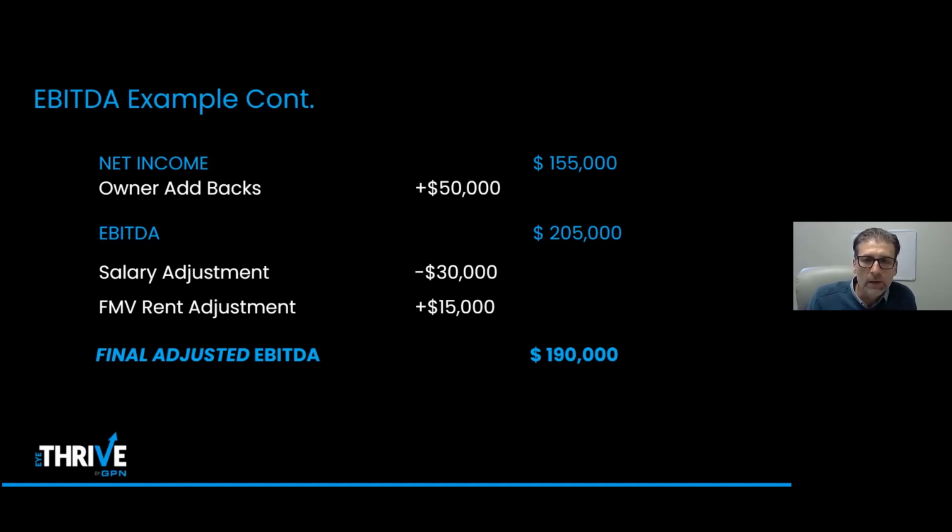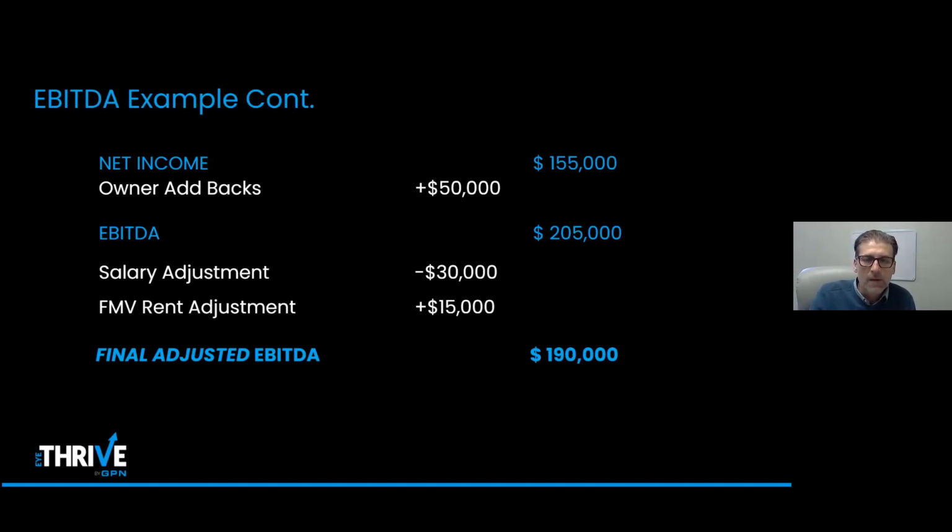And if you own your own real estate, let's say you own the building that you're in, your CPA might be recommending certain strategies about how you pay yourself rent for that property. And all those things will impact the EBITDA calculation. What we're trying to do is make adjustments for all those things, just like we did in the definition of EBITDA.